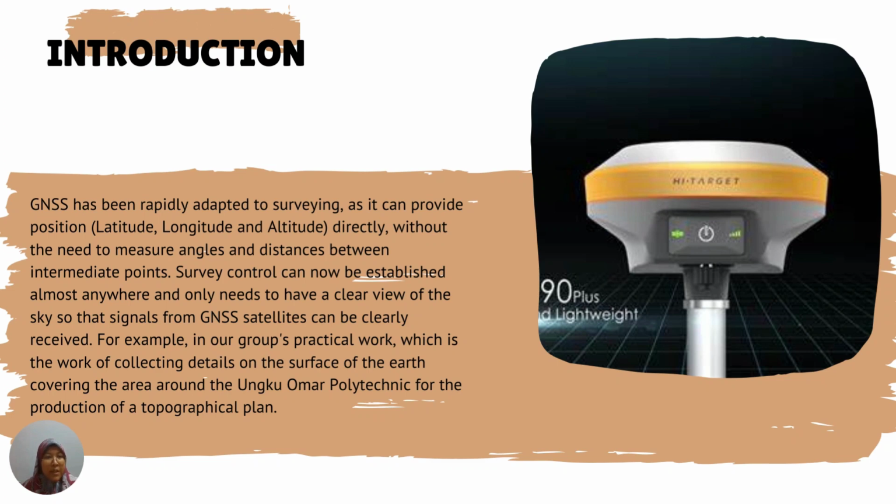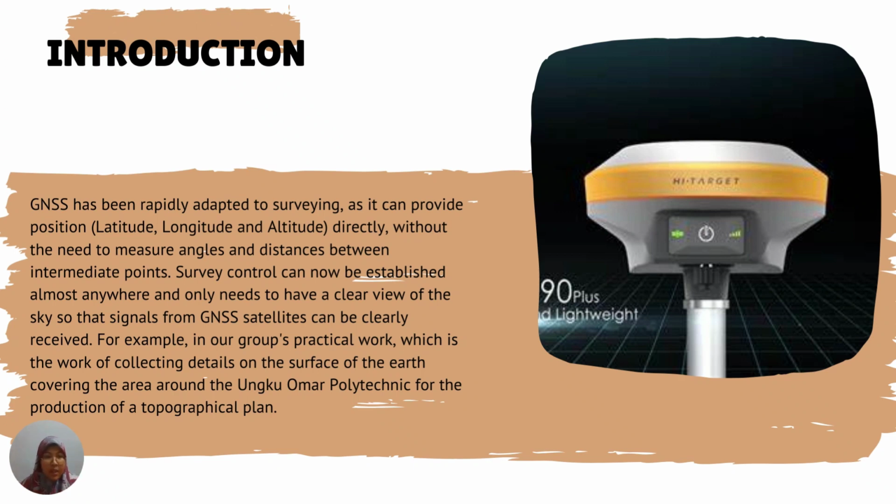GNSS has been rapidly adapted to surveying as it can provide position, latitude, longitude, and altitude directly without the need to measure angle and distance between intermediate points. Survey control can now be established almost anywhere and only needs to have a clear view of the sky so that signal from GNSS satellites can be clearly received.